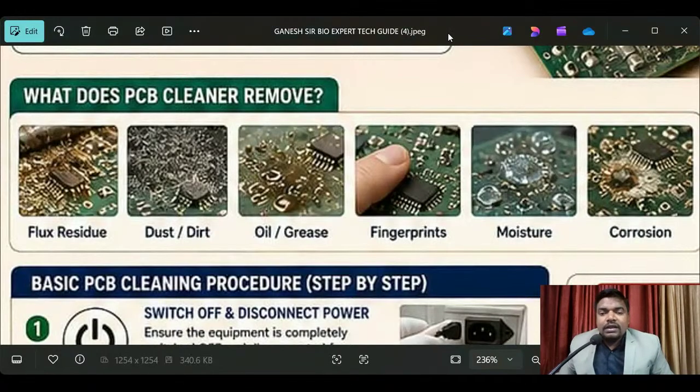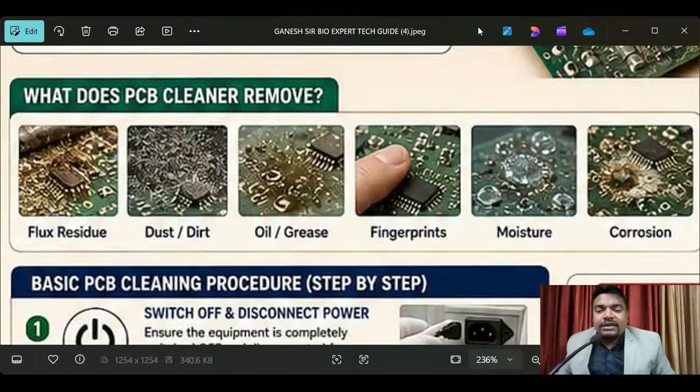I hope you got it clearly. See this picture and you can understand, because I'm not going fast. If you observe very clearly, then you will definitely get the great skills required for a biomedical engineer. These are the basic informations. When you communicate with your senior, the senior will explain all these things, because most seniors have this type of experience as biomedical engineers.